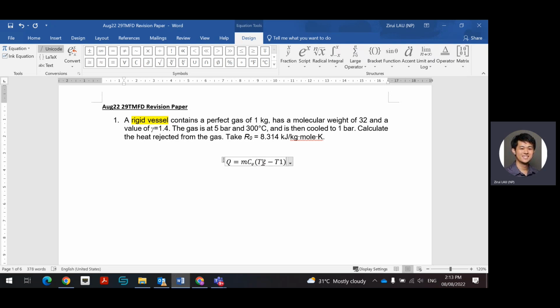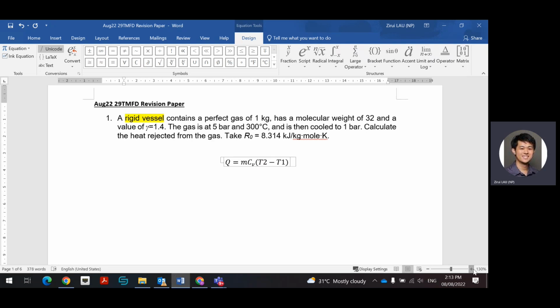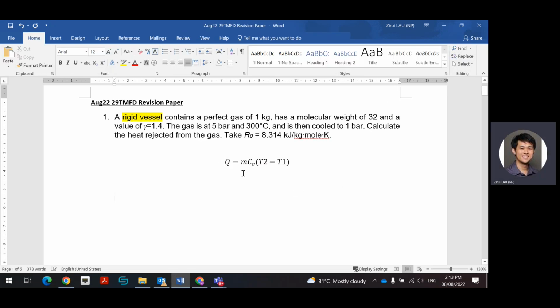So we want to find out the heat, or we need the mass, Cv, final temperature, and initial temperature. Do we have the final temperature? No, sorry, we don't have the final temperature. We have the initial temperature. Initial temperature is 300 degrees Celsius, meaning to say that we need to find out the final temperature.